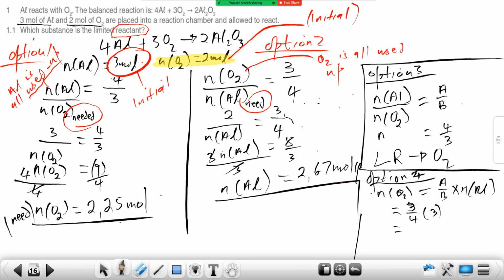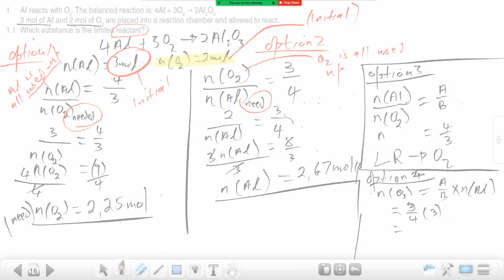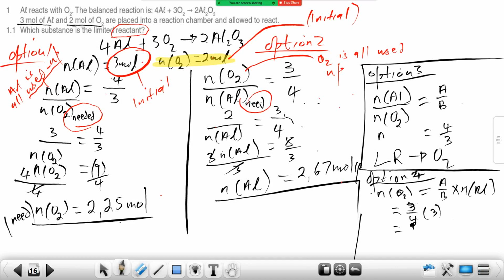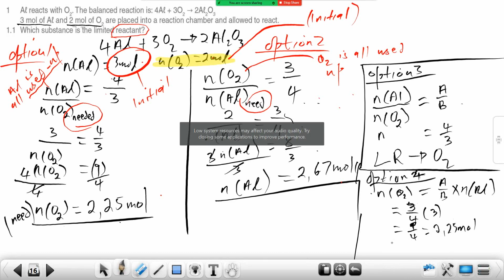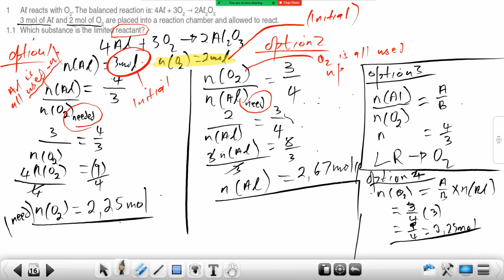2,25 mole. So 9 divided by 4 is equal to 2,25 mole. So what does this say to you, sir?